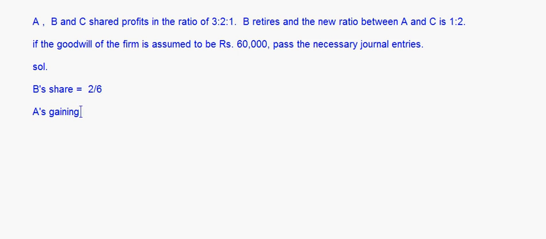Let us find out A's gaining ratio. This will be 3 by 6 minus 1 by 3.